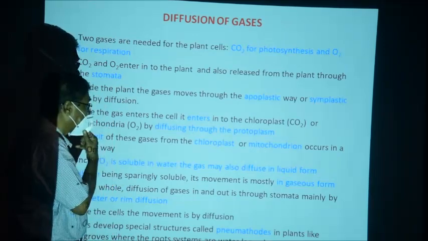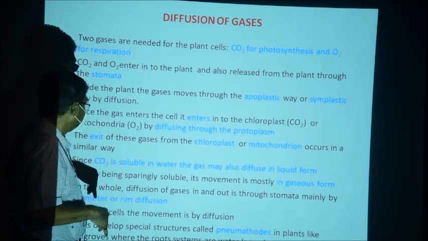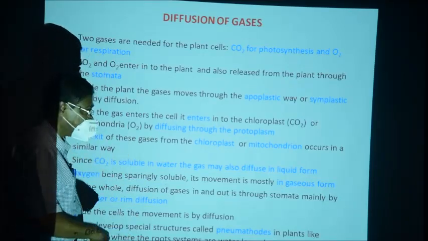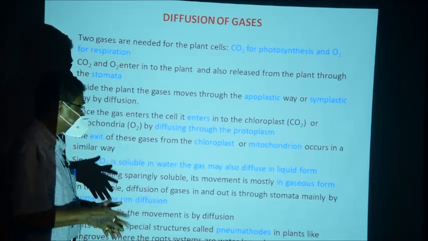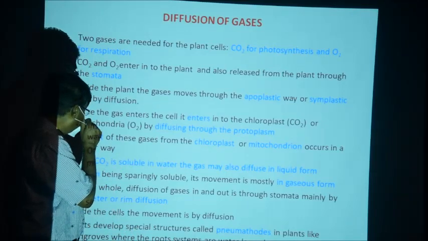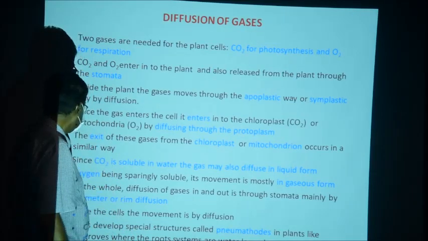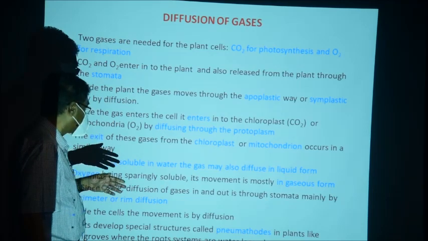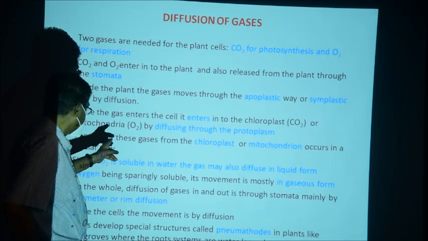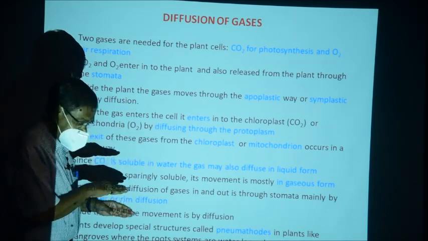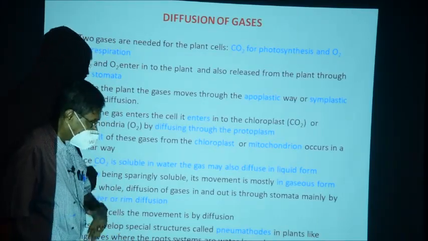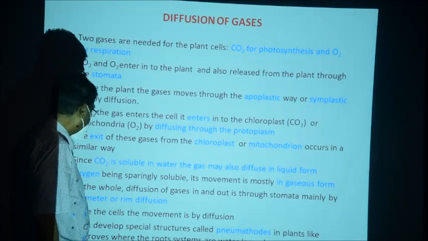Now carbon dioxide and oxygen. Inside the plant, how do the gases move? Through the apoplast they move freely. Apoplast is free space, and in the symplast, that is protoplasm, they move by diffusion. Once the gas enters into the chloroplast or mitochondria, the process involved is diffusion, and it moves out of the chloroplast or mitochondrion by diffusion.